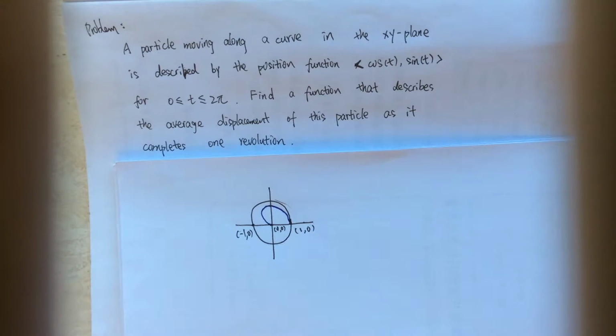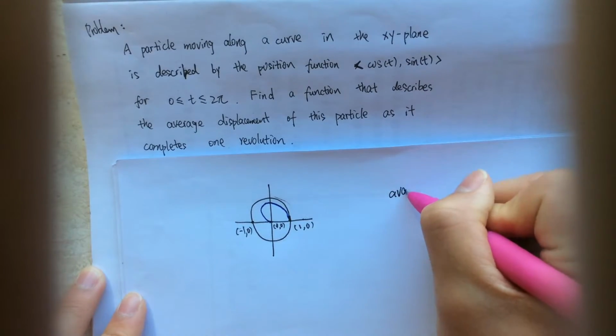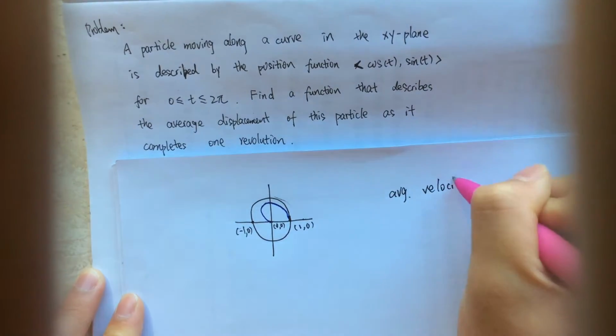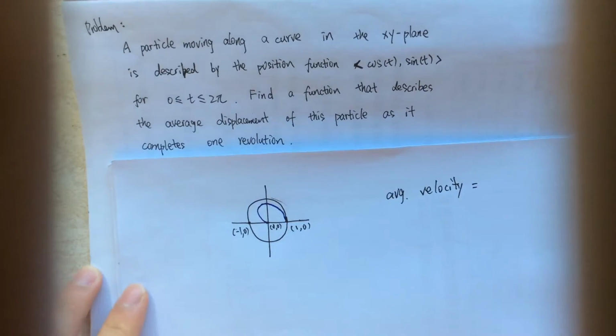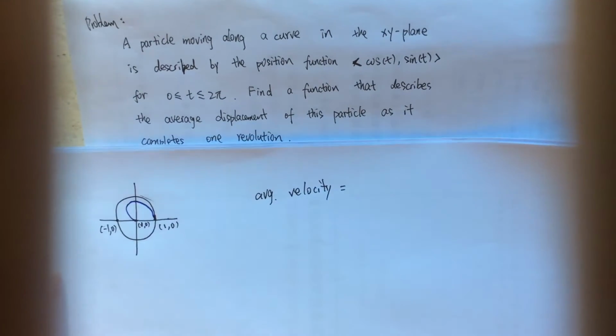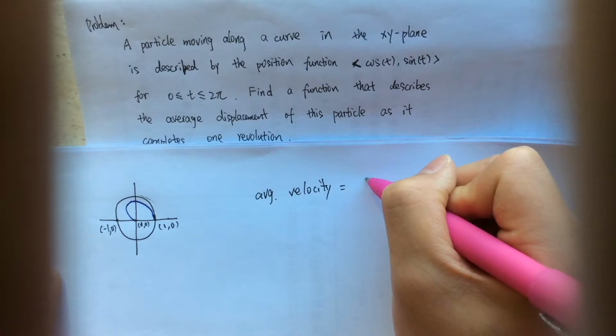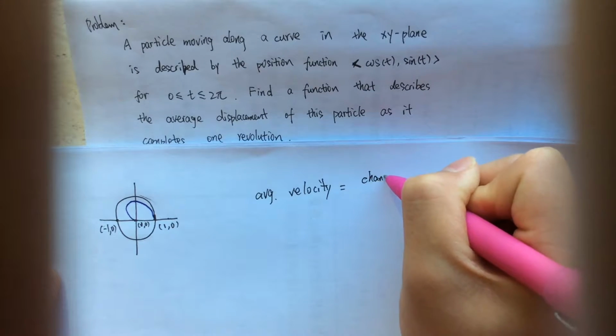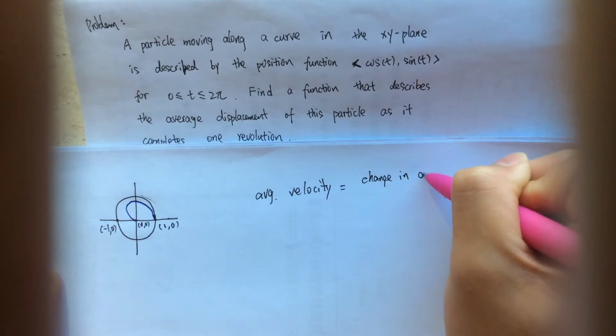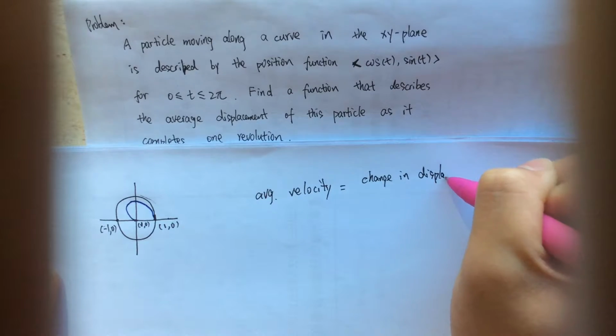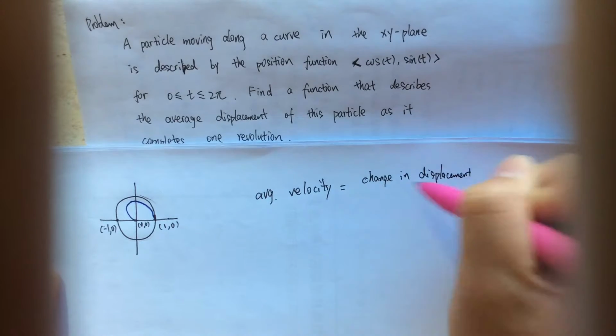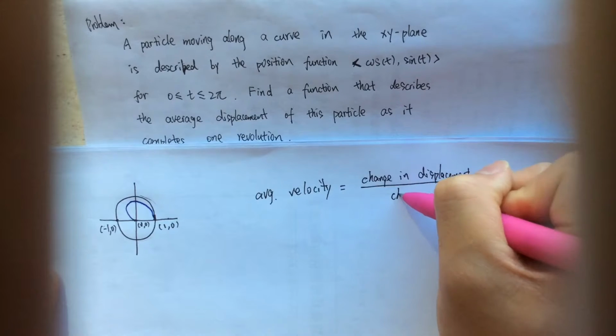Alright, so the next thing we have to do is to find the average displacement of this particle. We know that the average velocity is equal to the change in displacement over change in time.